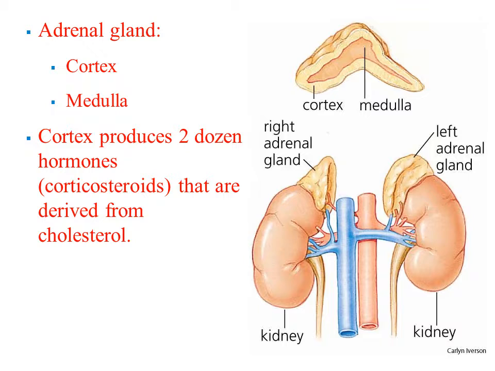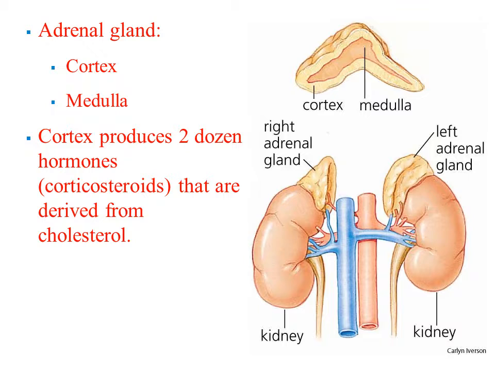So deep on the back of a human, you have the kidneys. And on top of the kidneys, you have what is called the adrenal gland. In this adrenal gland, we're going to cut it open and look at the surface of it, which is called the cortex, versus the middle, the interior of that gland, which is called the medulla.